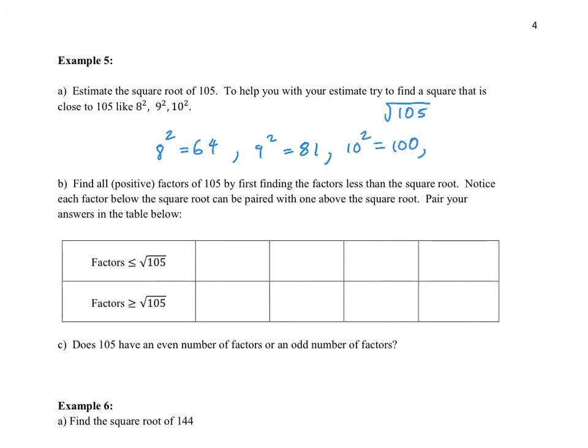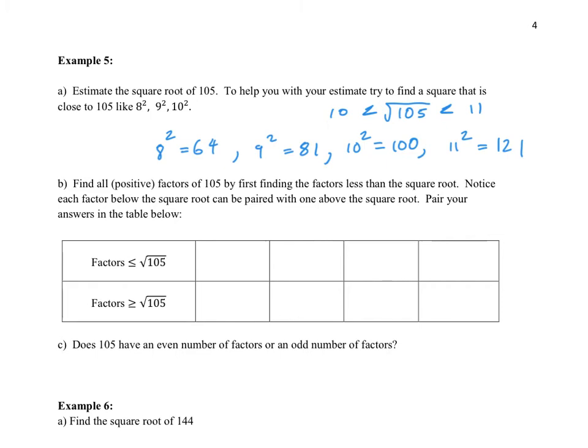And then finally, 11 squared brings us over 105 because 11 squared is 121. So the square root of 105 is in between 10 and 11. And to answer this type of problem, that's all we need. To find all the factors, we just need an estimate of where that square root is.